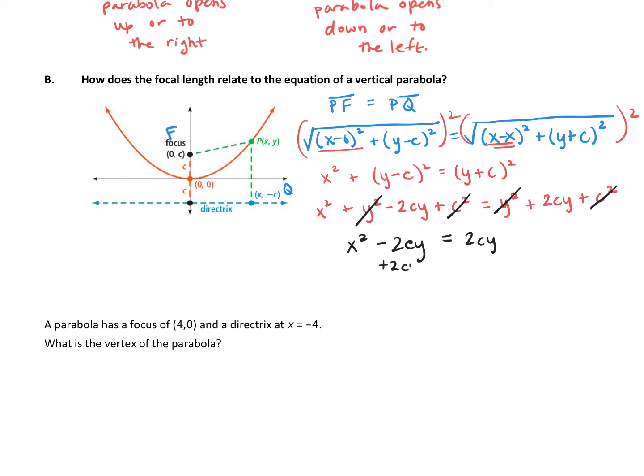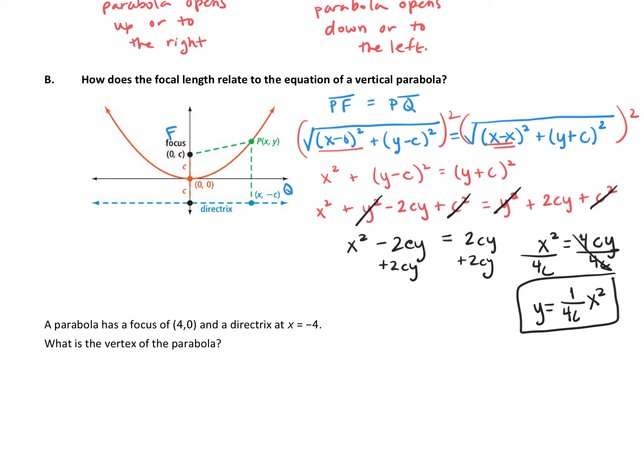Let's get those cy terms to the same side. So we have x squared equals 4cy. We'll solve for y, dividing by 4c. So our equation is y equals 1 over 4c times x squared. So there's our equation that is relating the focal length c to the vertical parabola.